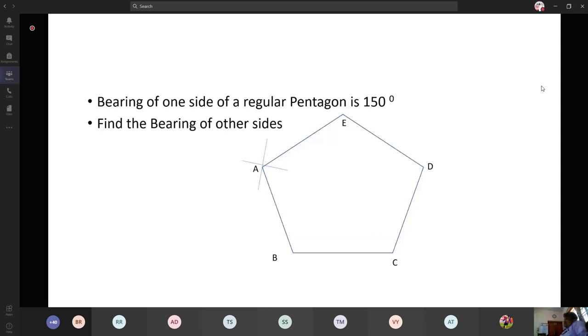The difference is 180, so 150 plus 180 is 330. Back bearing is 330. So the bearing of BA is 330. Angle ABC is 108. So what is the bearing of BC then?